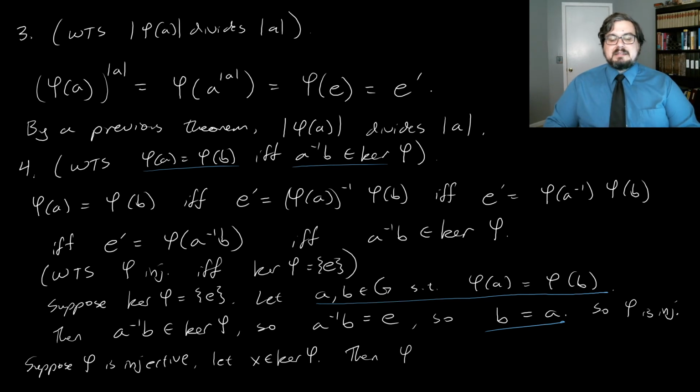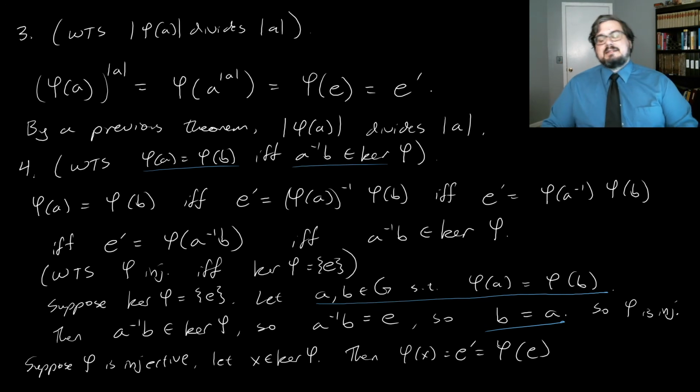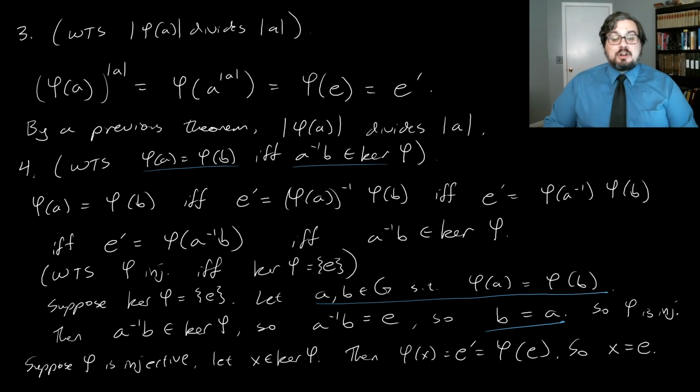Well, then that means that phi of x is the identity E prime, but we also know that that's phi of E. Since phi is injective, that means that x and E have to be the same thing. So this tells us that the only element of the kernel is the identity, and therefore the kernel is just the set containing the identity.